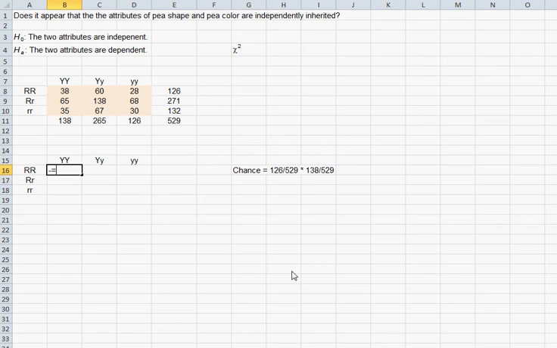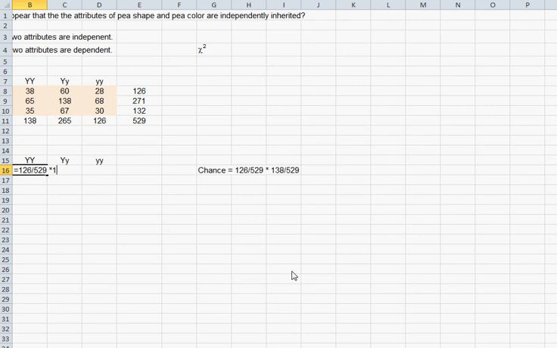So therefore, the number of things in here would be the chance, which is 126 over 529, times 138 over 529, times the number of things in the list, which is 529. So that product is the chance, and I multiply by the number of experiments, and that would be the expected number of things in that block.